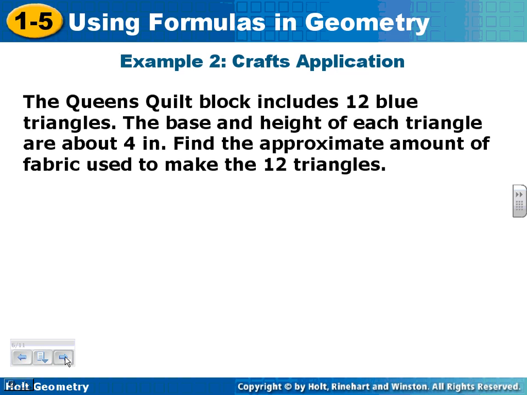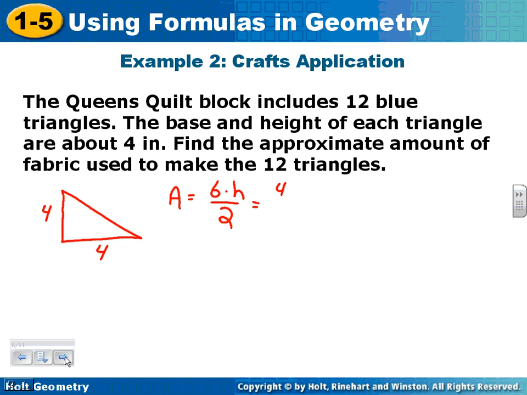Let's keep going. Here's an example, an application. The Queen's quilt block includes 12 blue triangles. The base and height of each triangle are about 4 inches. Let's draw the triangle. Find the approximate amount of fabric used to make 12 triangles. So let's start off with the area of one triangle, base times height divided by 2.